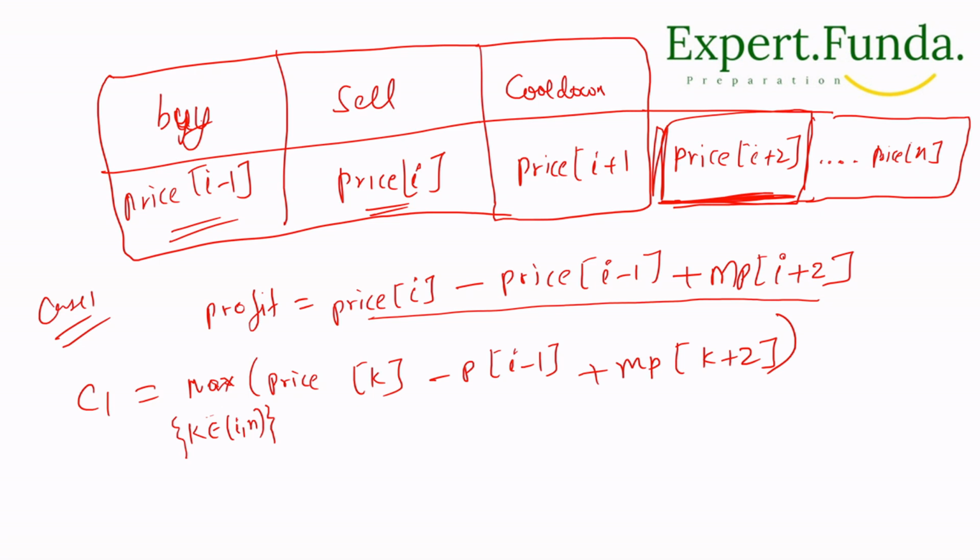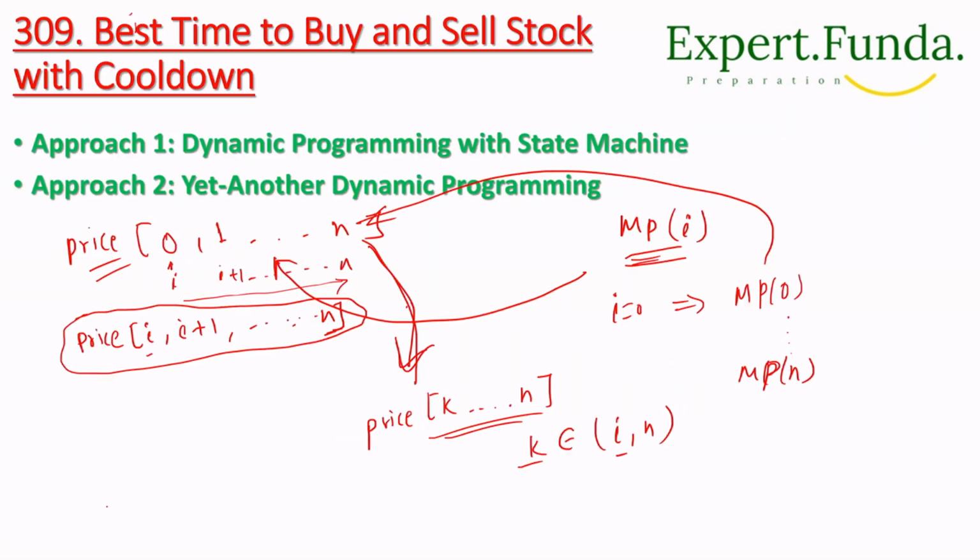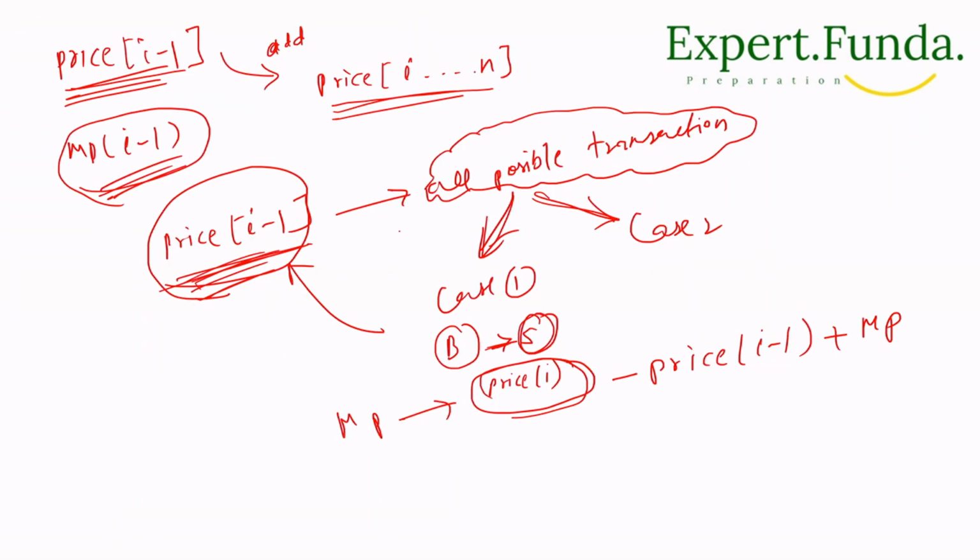Similarly, if we talk about case 2, we simply do nothing with the stock, and then the maximum profit that we can gain from this case would be MP of I. So here we were here, so this was the case where we sell the stock after buying, which we have discussed.